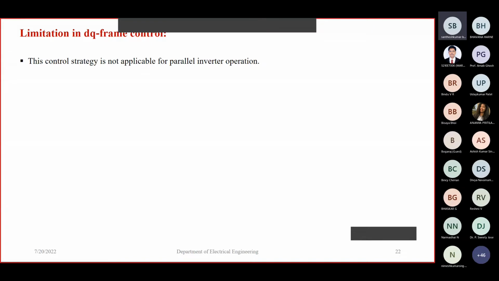This is not a drawback, this is a limitation. But this DQ frame control is inherently there in the droop control and virtual synchronous machine concept.